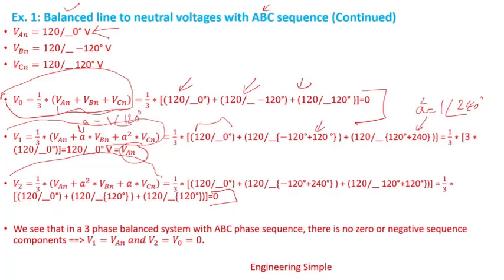So in this example, we see that in a three-phase balanced system with ABC phase sequence, there is no negative or zero sequence component. The positive sequence voltage was equal to the phase A to neutral voltage, and the negative and zero sequence were zero.